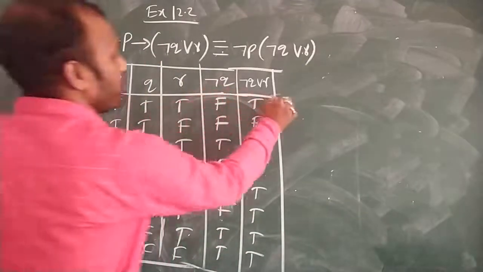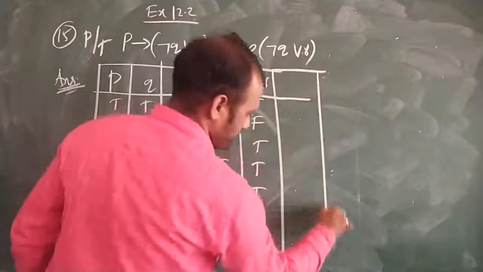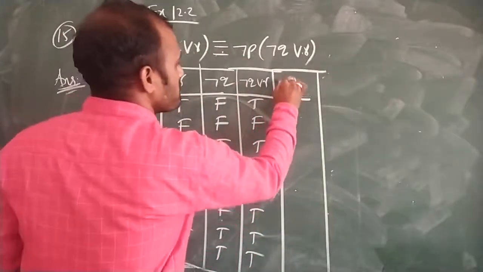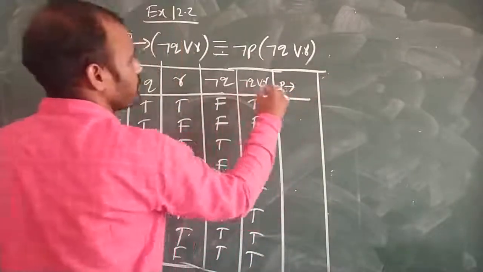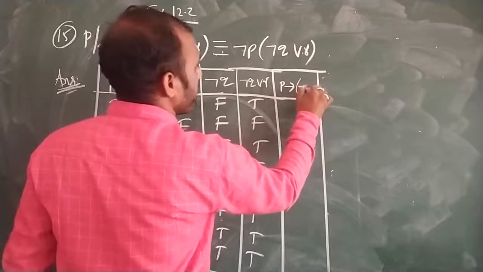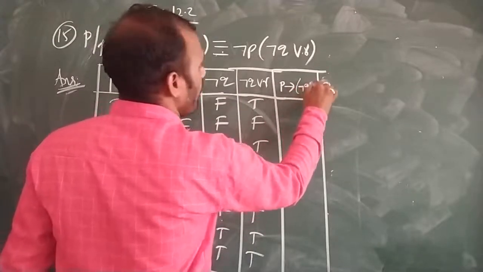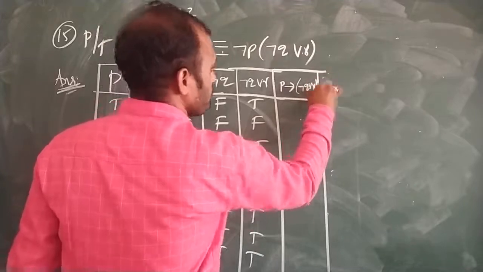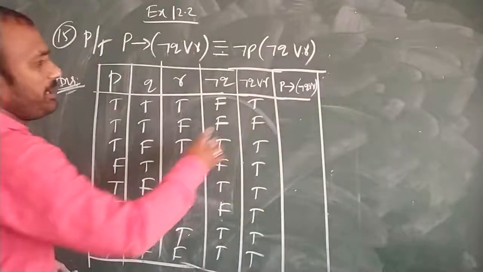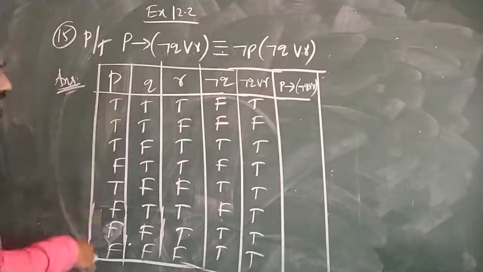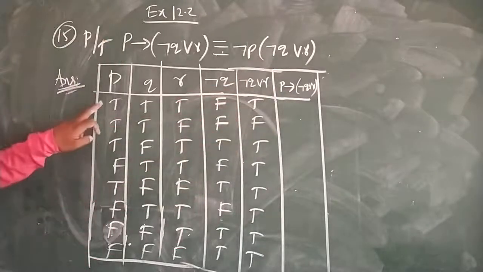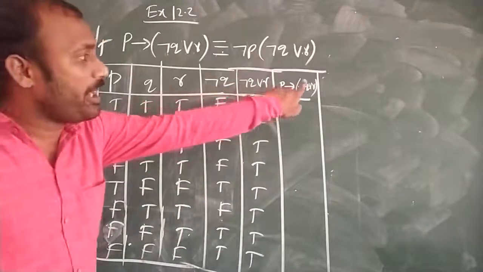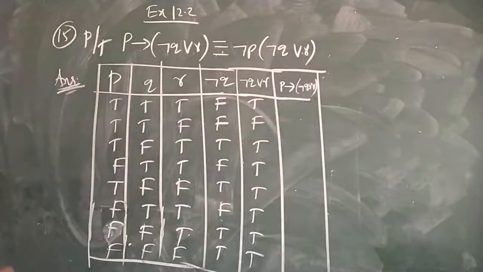So for this we need to apply the conditional statement, that is P conditional to negation Q or R. So if P then Q. So observe the first one and this one. If P is true and this is false, then the answer will be false.